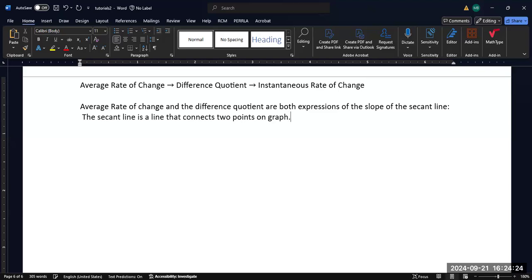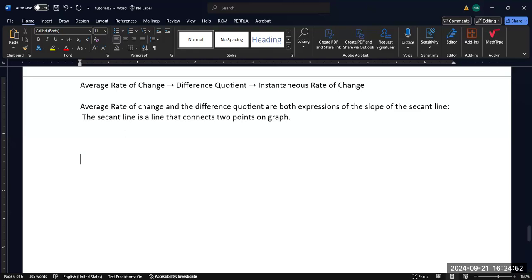Typically, when we're dealing with the secant line, we're dealing with a graph that is not a straight line. Although this does apply to examples that are straight lines, usually we're only interested in the secant line when the graph is in fact curved and we don't have a straight line that connects them. So the secant line provides that straight line connection between any 2 points on our graph.